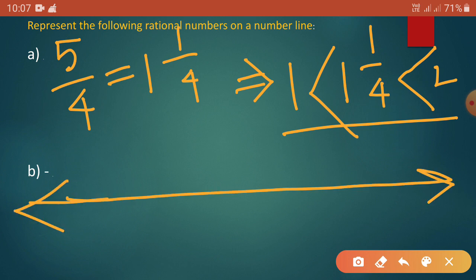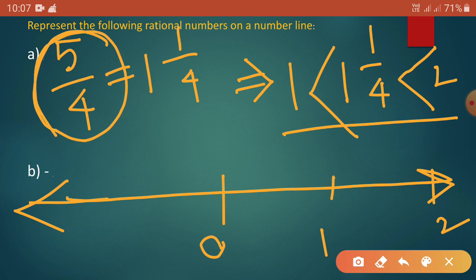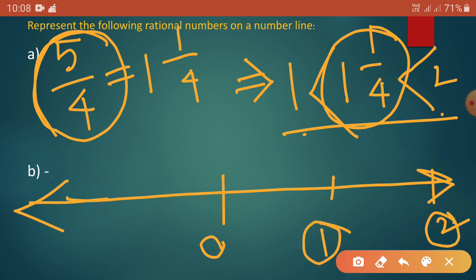If you have the number line like that, and this denotes 0, this denotes 1, and this denotes, suppose, 2, then our rational number is in between 1 and 2. So we have to find the rational number 1 by 4 in between 1 and 2. At the bottom it is 4, that means we have to divide the segment into 4 parts, so we make 3 cuts.